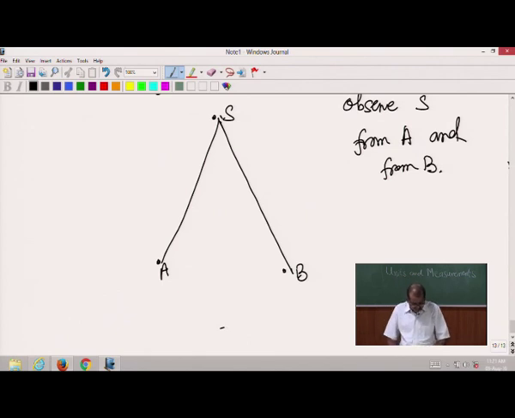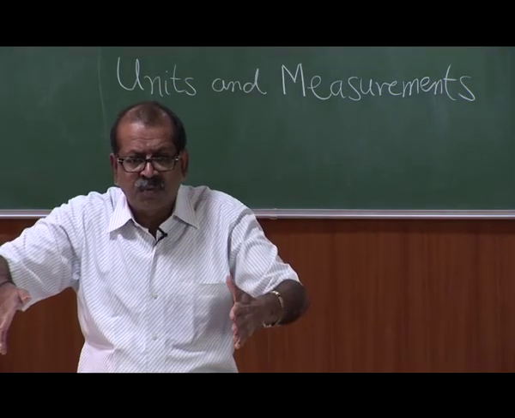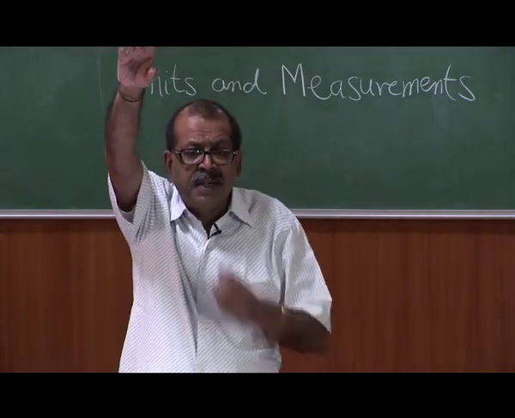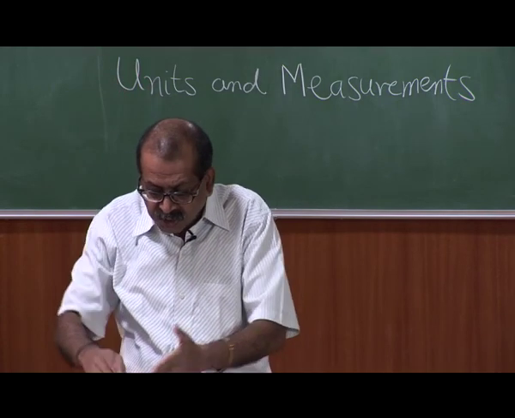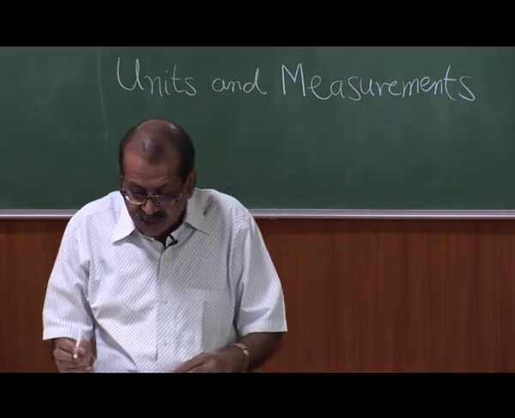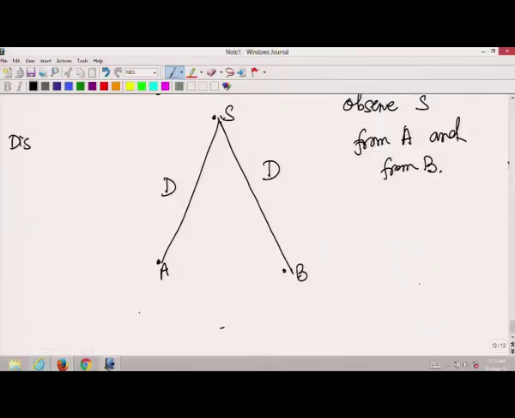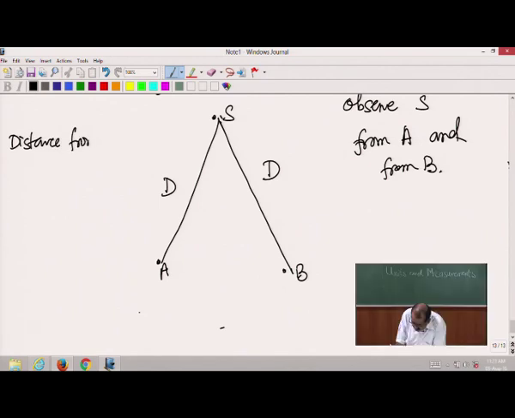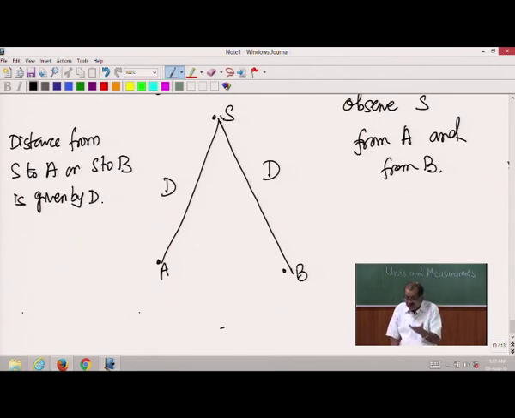Think of A and B as two observation points, let us say on the surface of the earth, and S is some planet located far away. So, the distance of A and B to S will be the same, and let us say the distance from S to A or S to B is given by D, and this is what we want to measure.